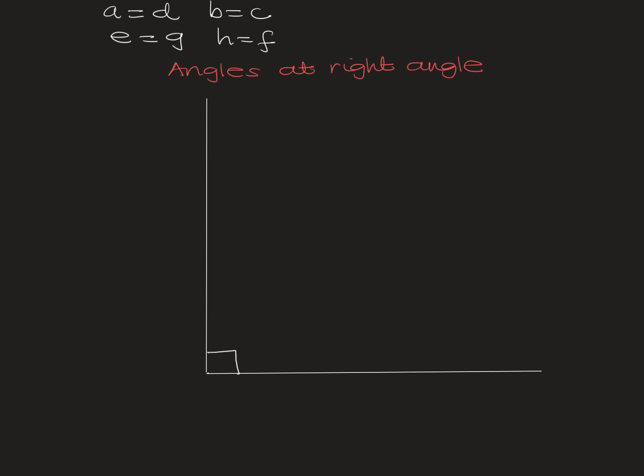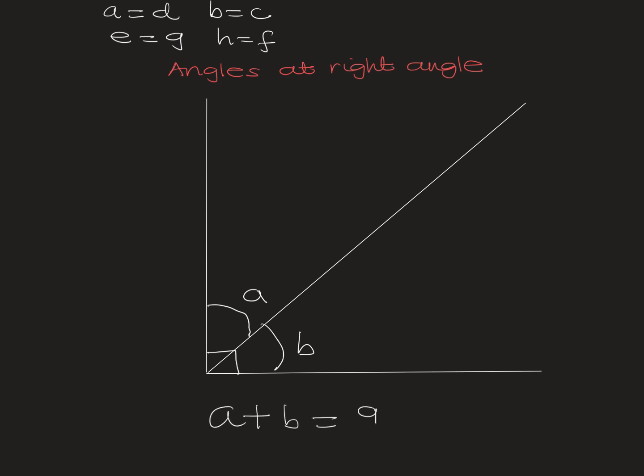Then if we should have a line that should bisect these two lines, let's say that line comes like this, then the angles that we have, let's call them A and B. A plus B must be equal to 90 degrees. This is what we mean by right angles.